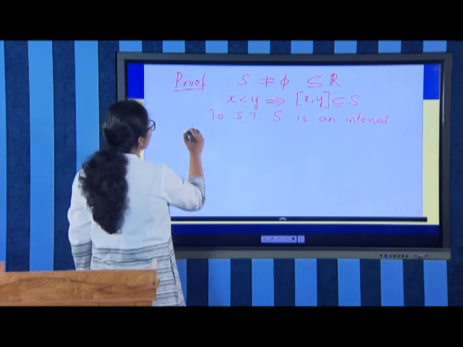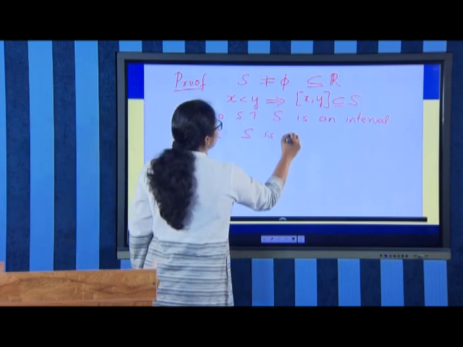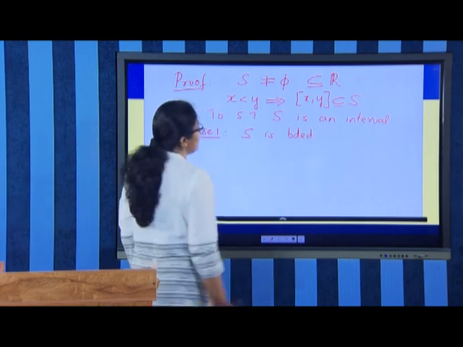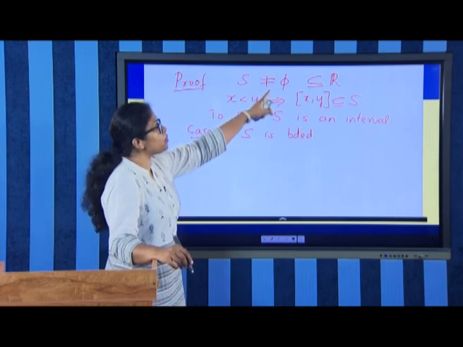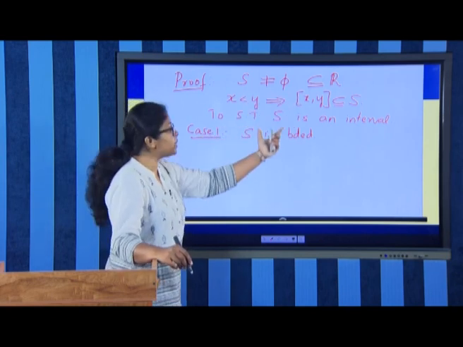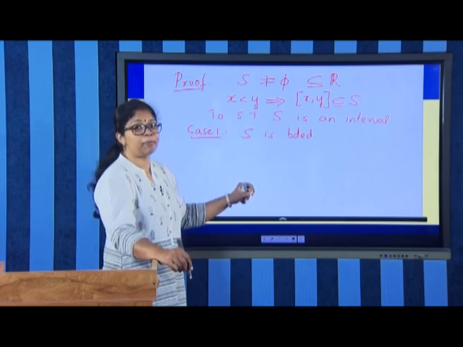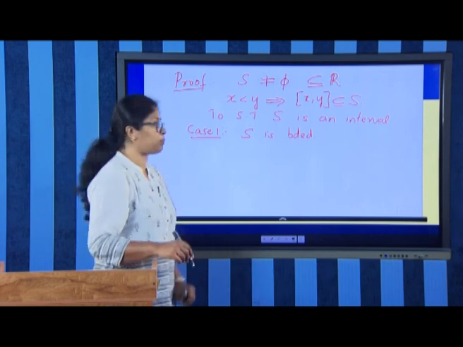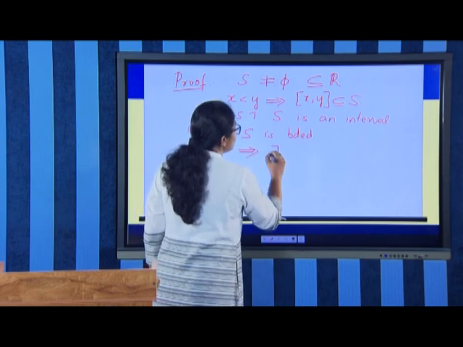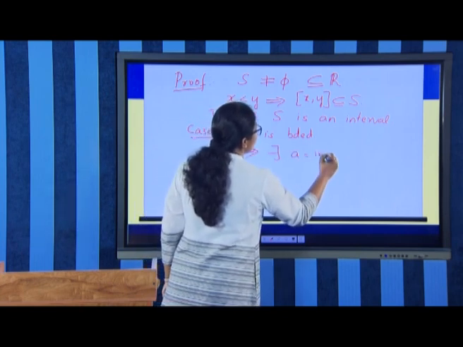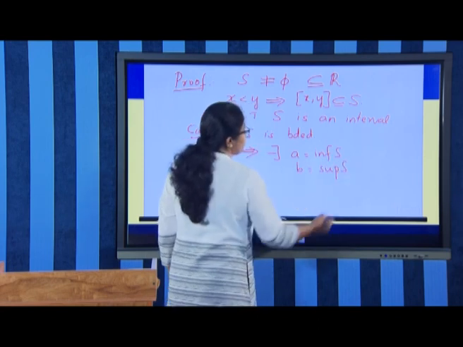So, the proof consists of case 1. Suppose S is bounded, then definitely S has an upper bound and a lower bound. So, S not equal to phi, a subset of R, with this condition ensures the existence of a supremum and an infimum because of the supremum property and infimum property. So, S is bounded indicates that there exist, say, A equal to infimum of S and B equal to supremum of S. From where does it follow?